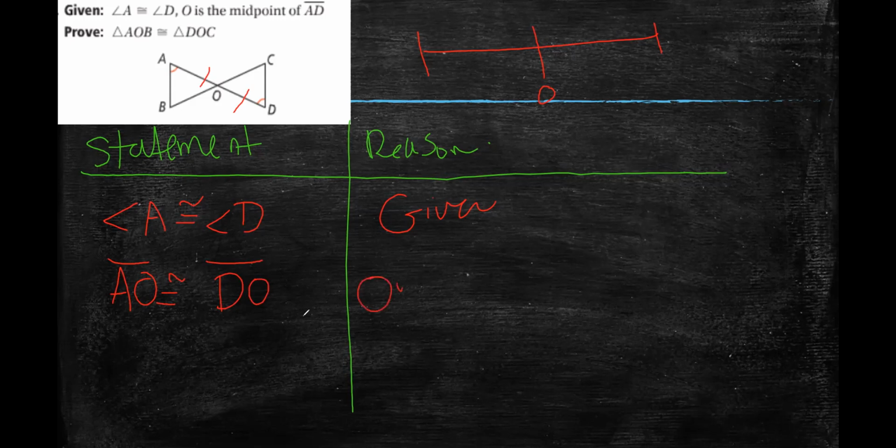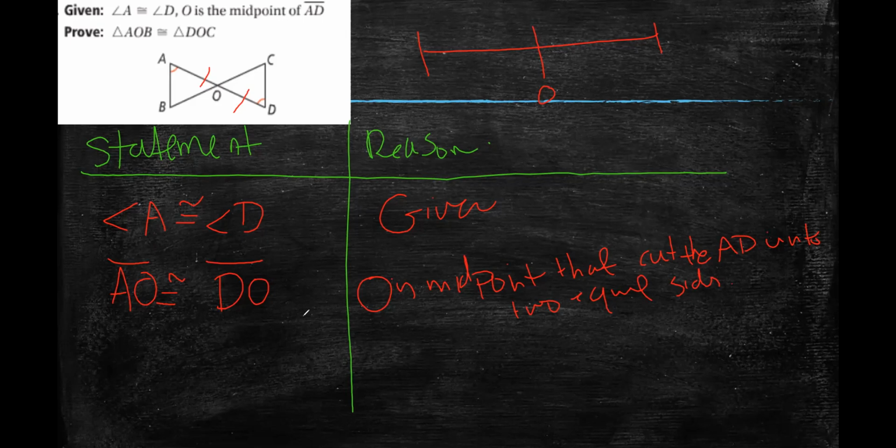Because O is a midpoint that cuts AD into two equal sides. So I have now two sides, and as I told you before, if you have two sides, you need to look for the third side or the third angle.